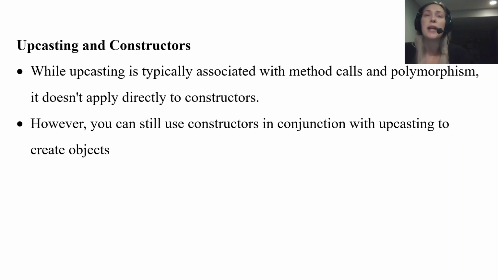Constructors still kind of behave like they've always behaved for us. Even when we are upcasting, you will see constructors used in conjunction with upcasting, but again, nothing really polymorphic or weird happens with constructors. And that's because constructors aren't inherited, remember.